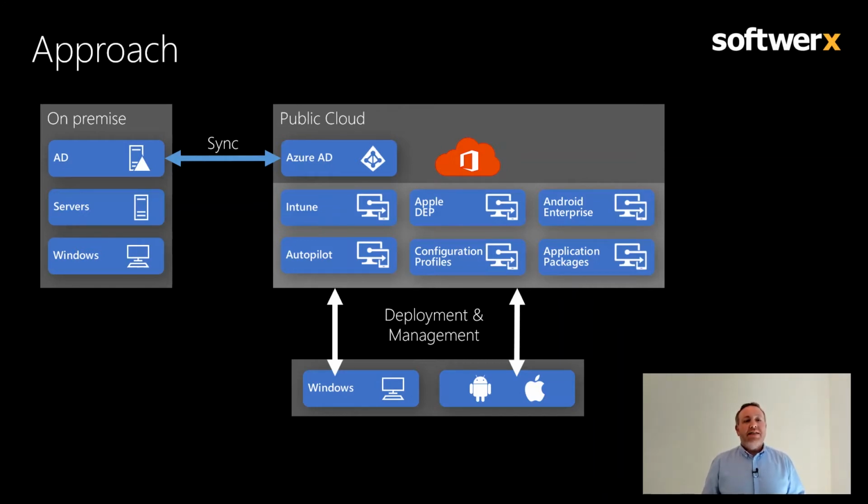Now, let me step you through the basics of the user experience when we bring Windows machines into Intune under Autopilot control. The end user receives a Windows machine direct from the supplier that is attached to Autopilot.